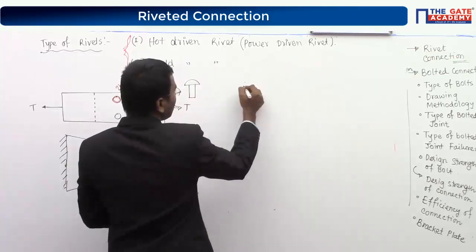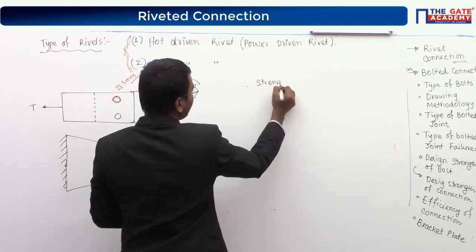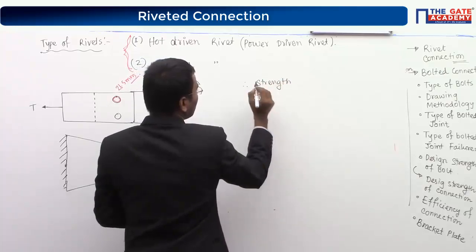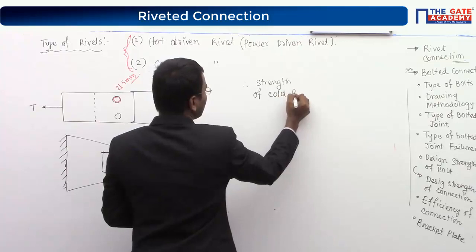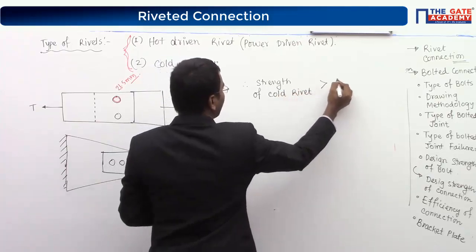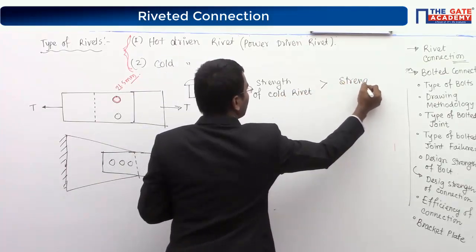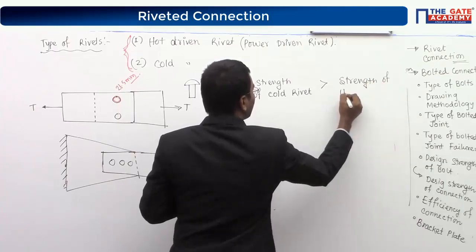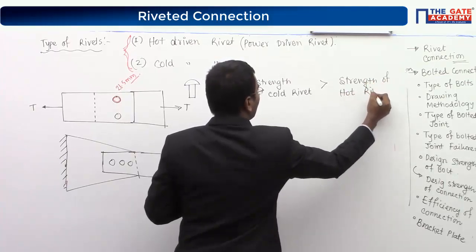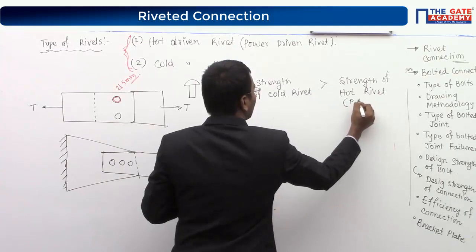So you can also write down: strength of cold rivet is greater than strength of hot rivet, or power driven rivet.